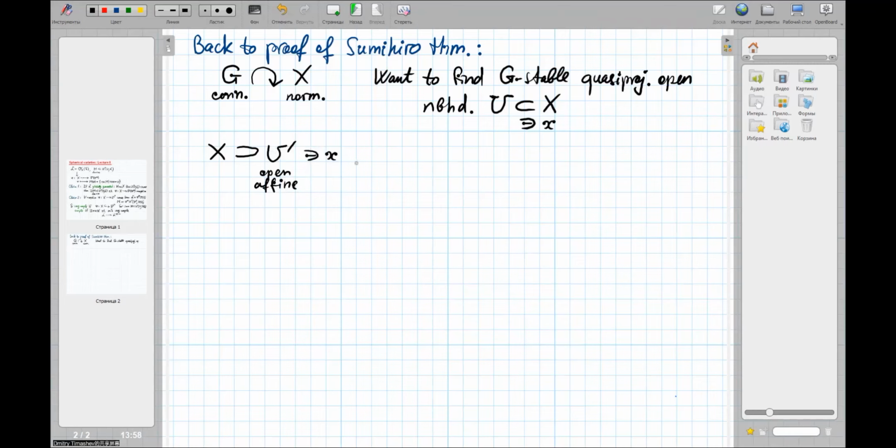And we have proved, this was our first lemma, that the complement of this affine open subset, which we denoted by D, is a union of finitely many prime divisors, D1, ..., Ds. So these Di are prime divisors.